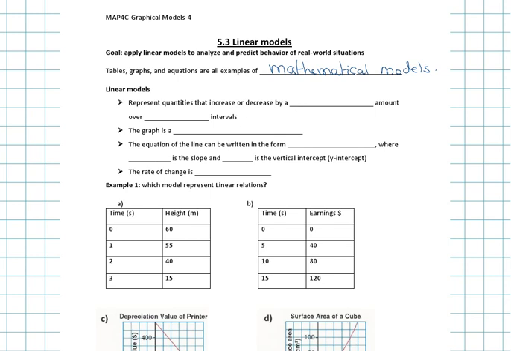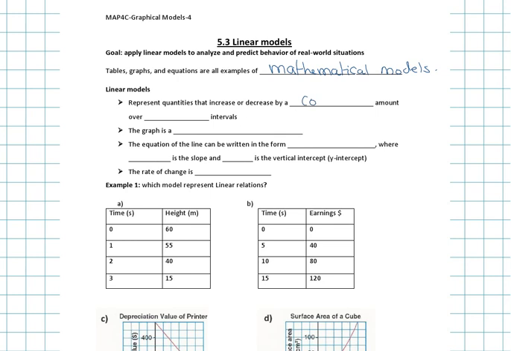Now, when I say a linear model represents quantities that increase or decrease by a constant amount, right? So when you're talking about, let's say, your salary, if you're paid by the hour, every hour you get paid $15 an hour, right? So every hour you're increasing by 15. That's called a constant increase, right?